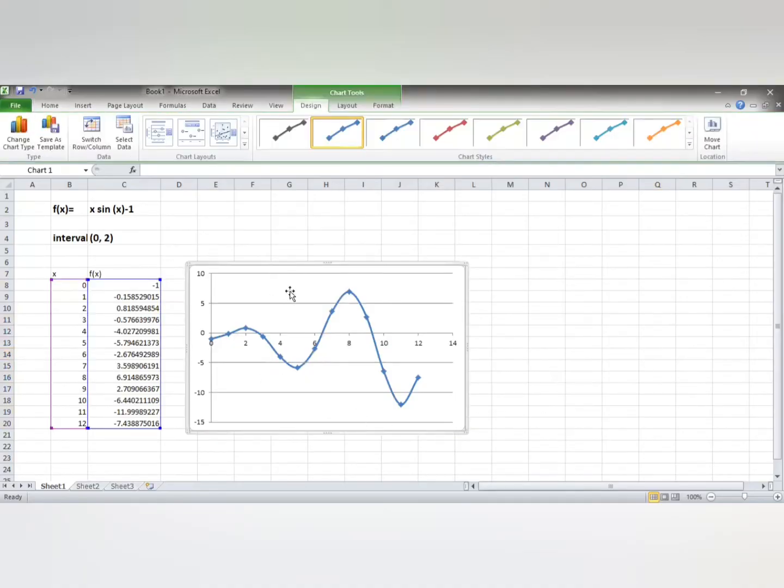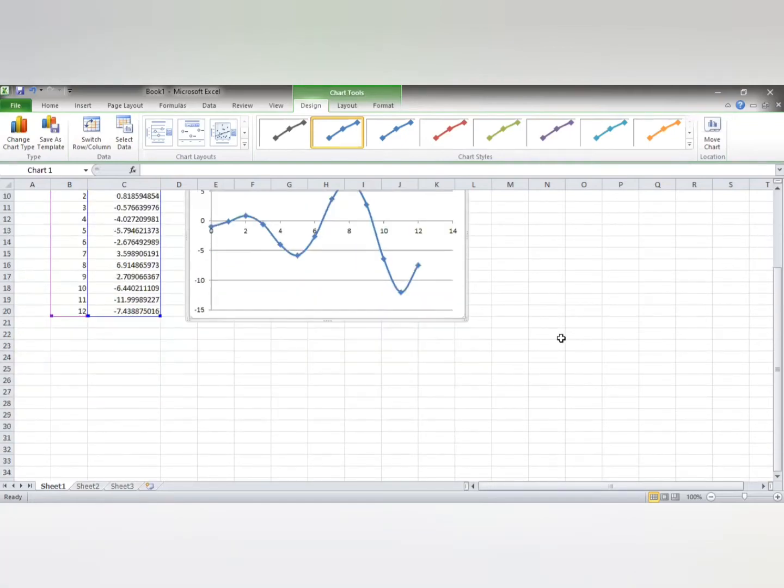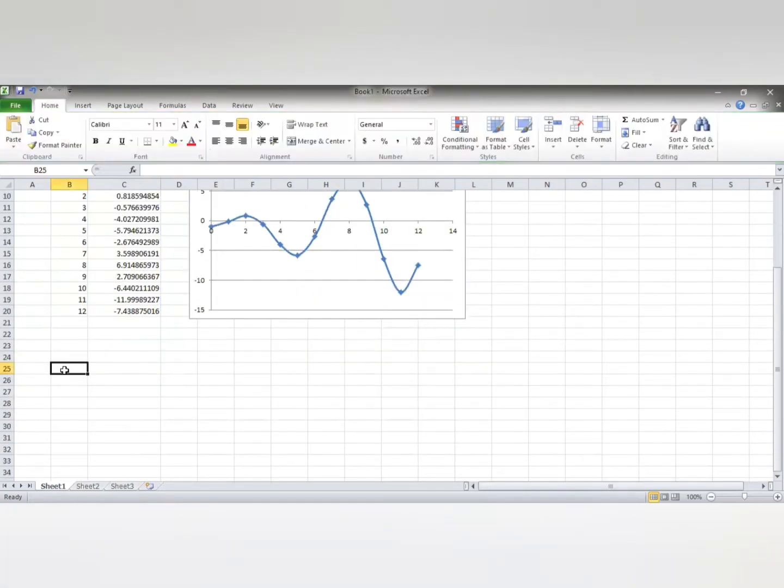But in the problem, we are only to evaluate the value of x between 0 and 2, so we only have to focus on this interval. Next, we have to evaluate this value of x between 0 and 2 using the bisection method.